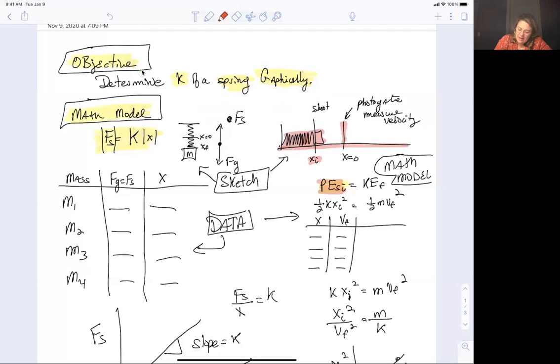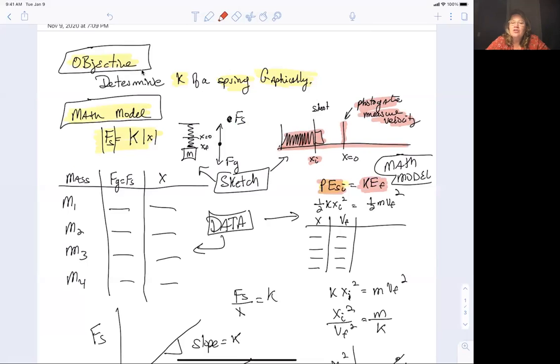I could measure the velocity using a photo gate. It's a tool that's used to measure a velocity at a certain spot. A photo gate has a laser beam that runs across it, and I can measure the velocity right at that spot.